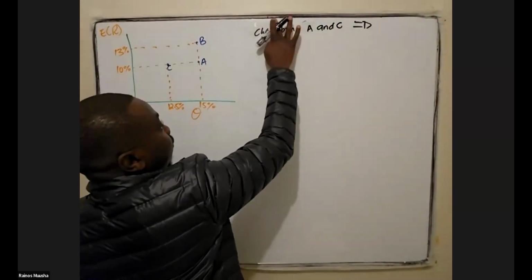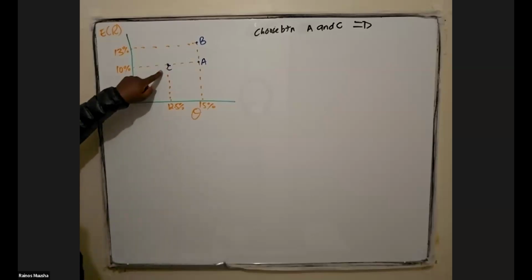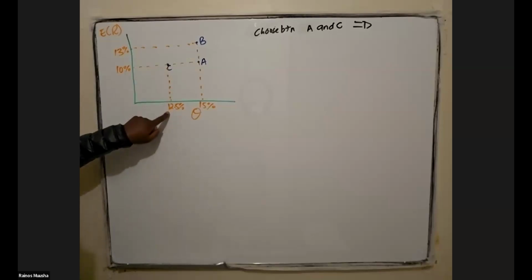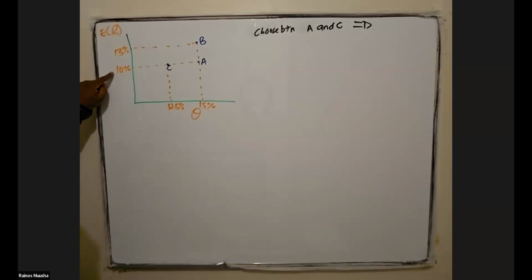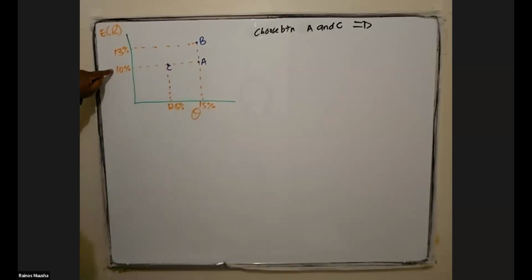If you're asked to choose between investment A and C, which one would you choose and why? So investment C has a risk exposure of 12.5 and an expected return of 10%. Investment A has a risk exposure of 15% and an expected return of 10%. So which of the two investments would you choose and why?